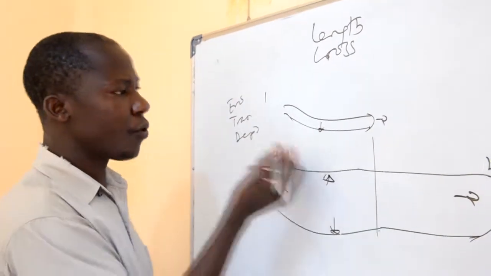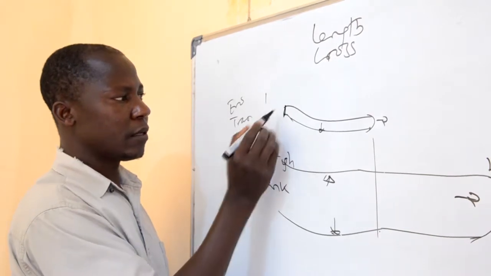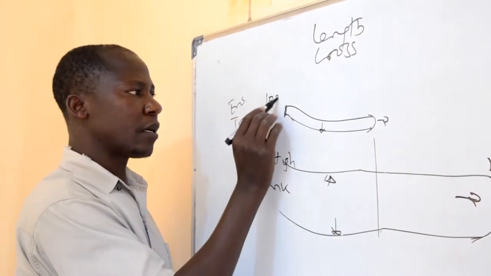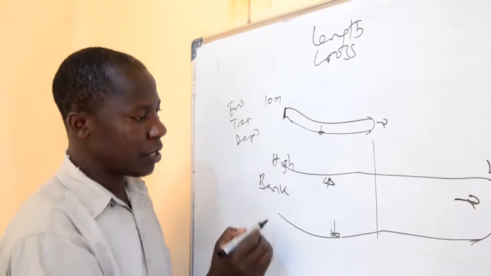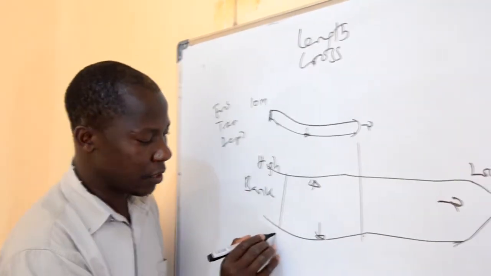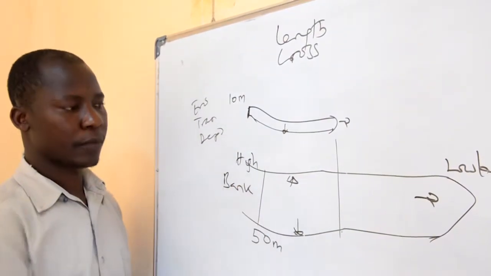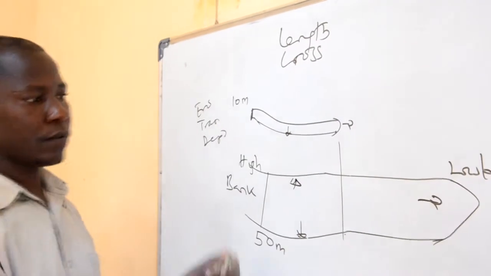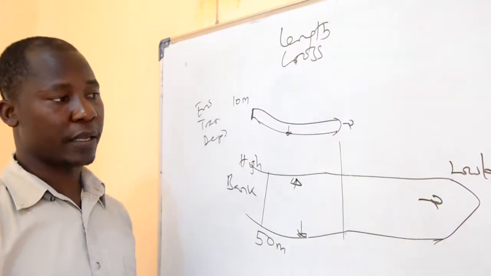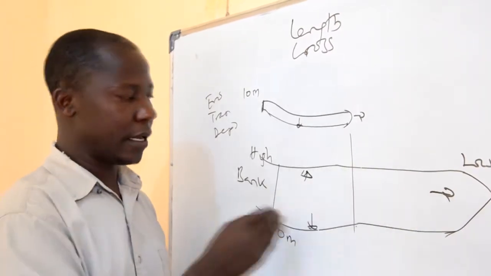For instance, before the river was expanded maybe 10 meters, but nowadays the river in terms of width or bank has expanded to 50 meters. That is the expansion. And you will observe the situation of river profile or expansion of river profile in terms of length and width.